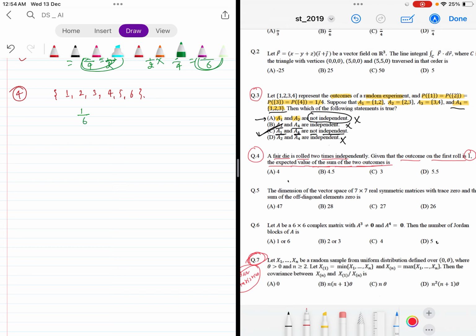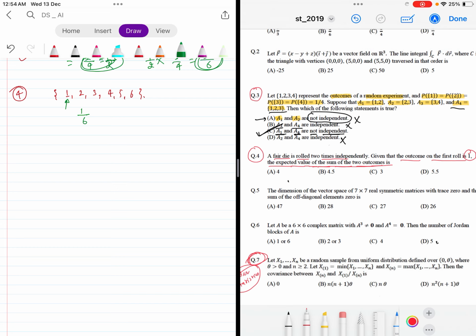So on the first roll, when we roll the dice, getting 1 has the probability 1 by 6, and similarly 2 3 4 all have the probability 1 by 6, right?